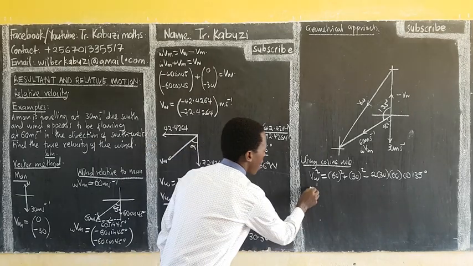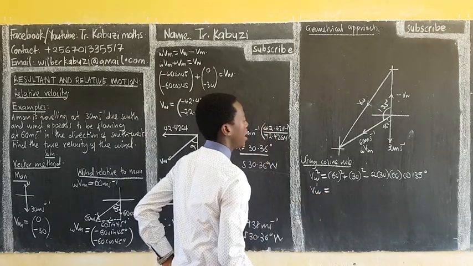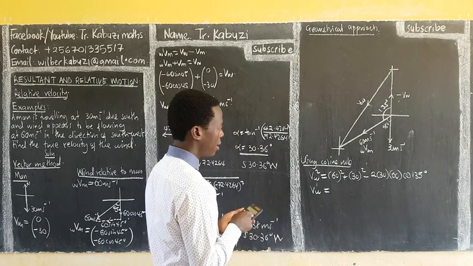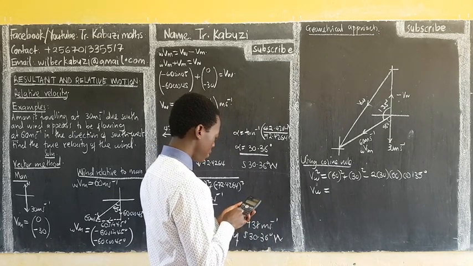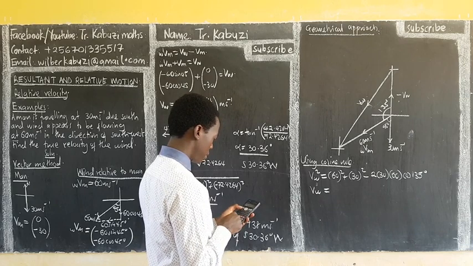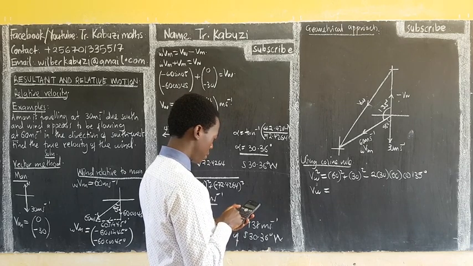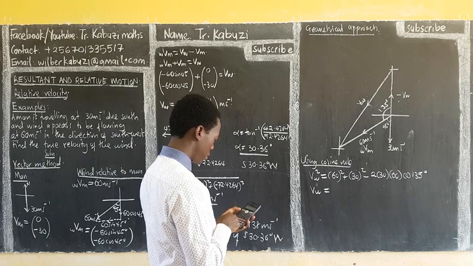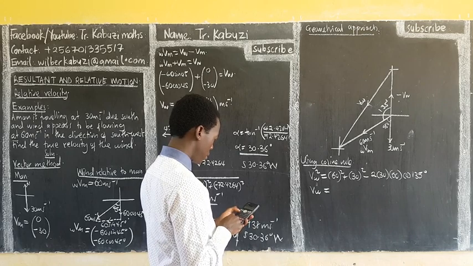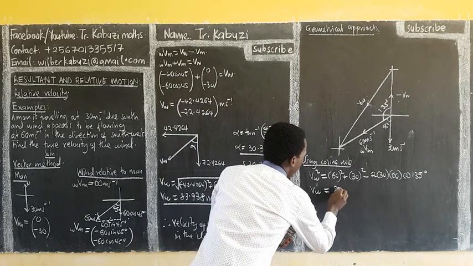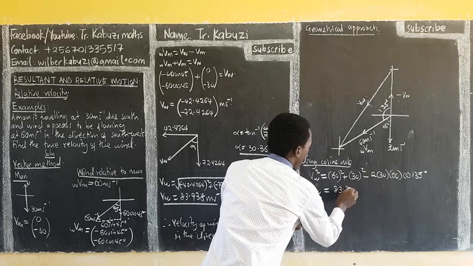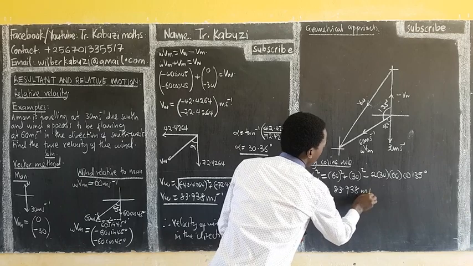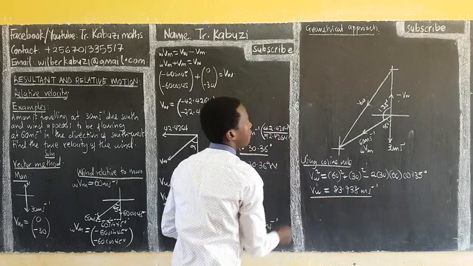And so there our v_w is going to be, you press that onto the calculator, 83.938 meters per second. So that's going to be our velocity of the wind.